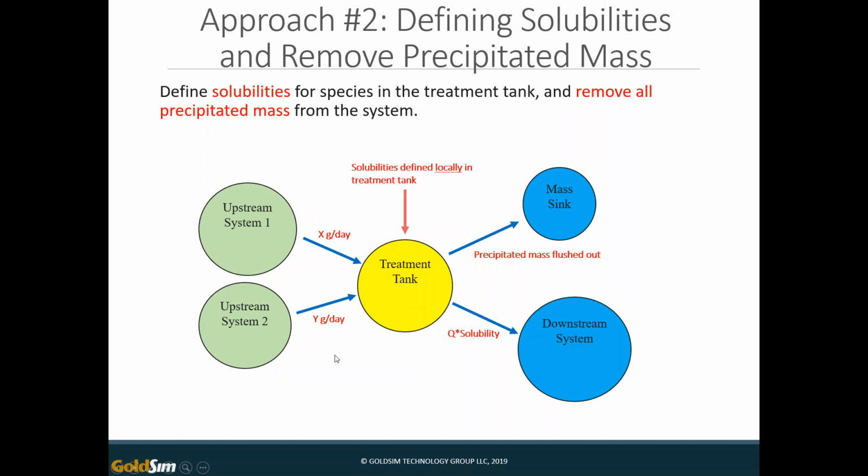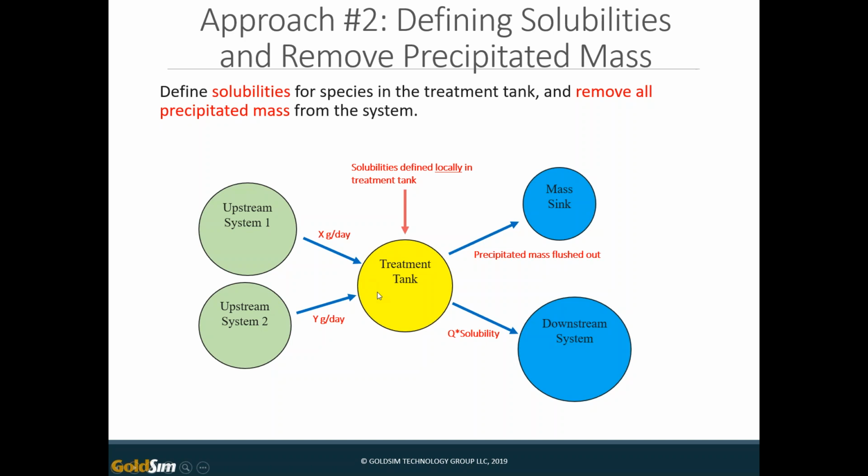All right. There's an important thing here: the solubilities are local. So I'm going to specify solubilities in this treatment tank. Those solubilities don't apply here, and they certainly don't apply here, and they may not apply here, right? So we're not saying that things are precipitating out of solution here. No, we're changing the chemistry here in the treatment tank.